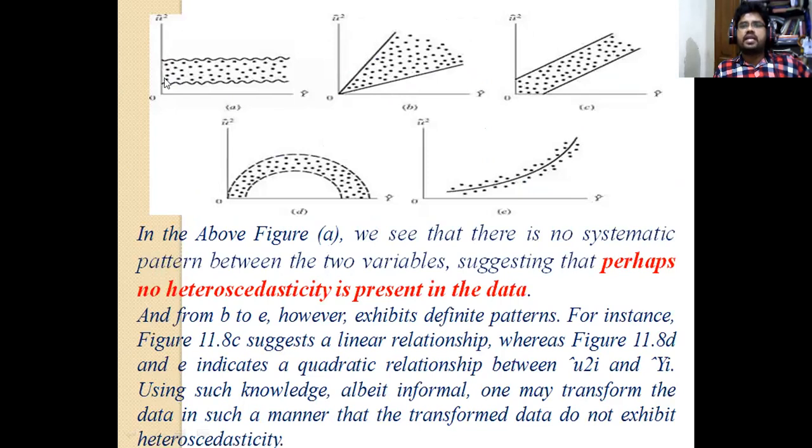So in the above pattern, see A, there is no systematic pattern between the two variables, suggesting perhaps no heteroscedasticity in the data. When you plot the graph, you will get the same variance. For example, a straight line will come like this, in the middle between these two lines, with the dots very close to the straight line.